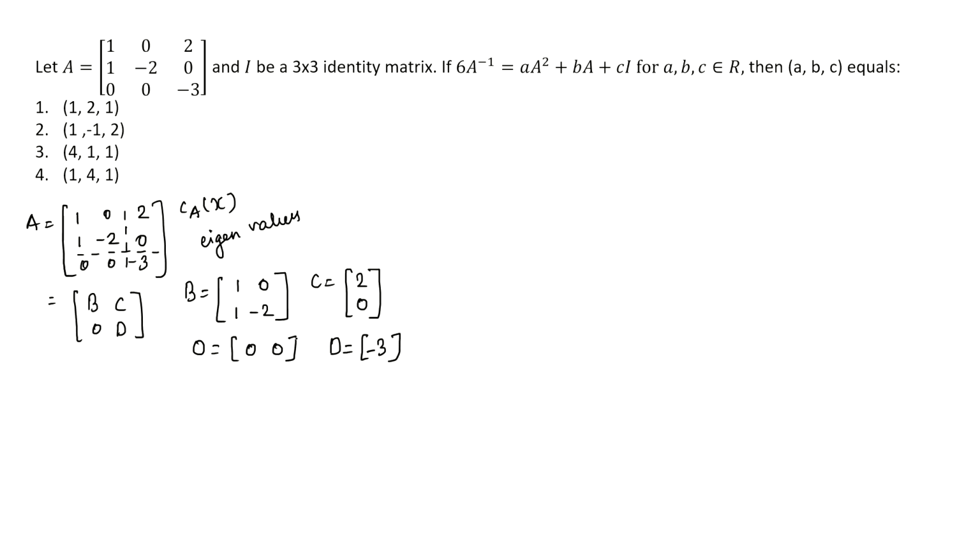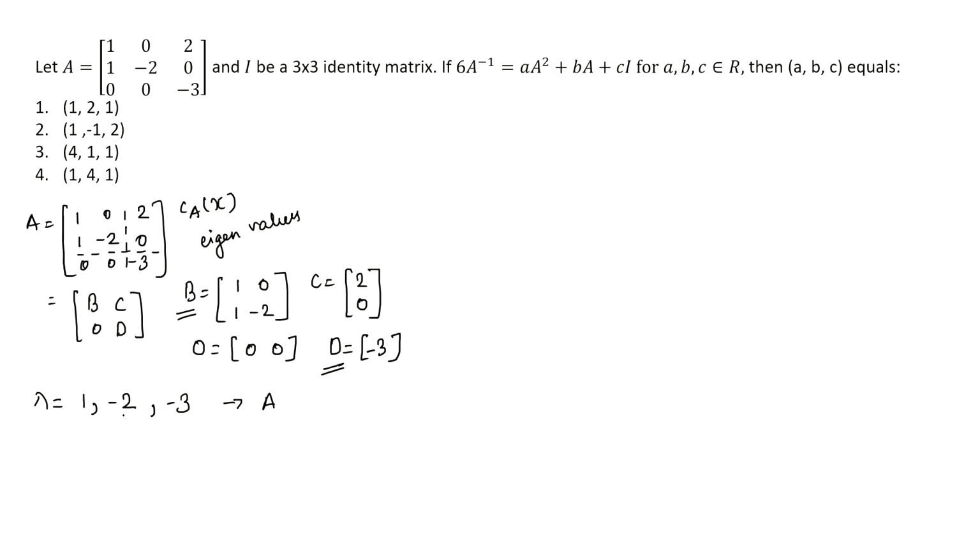So clearly the eigenvalues of the matrix A are the eigenvalues of matrix B and the eigenvalues of matrix D. The eigenvalues of matrix B are 1 and -2, the diagonal entries of matrix B because it is a lower triangular matrix, and the eigenvalue of matrix D is -3. So these are the eigenvalues of matrix A.